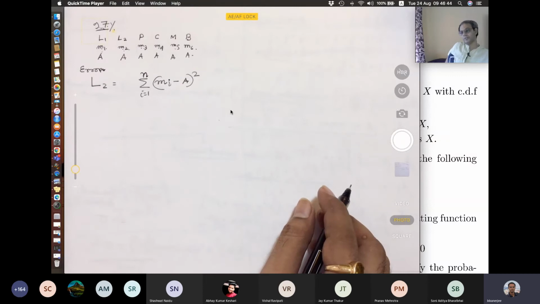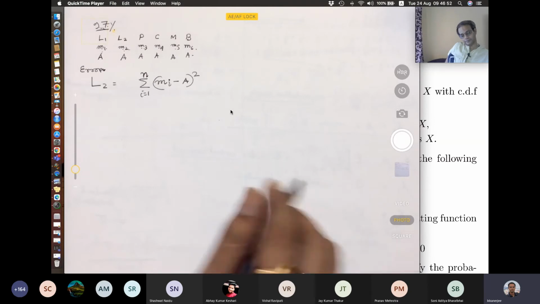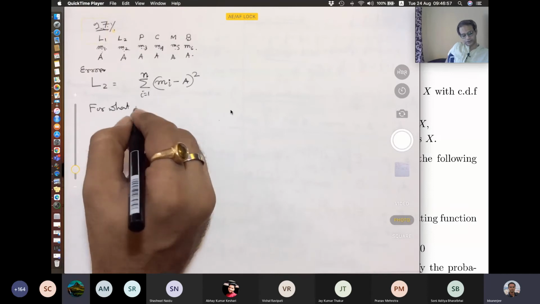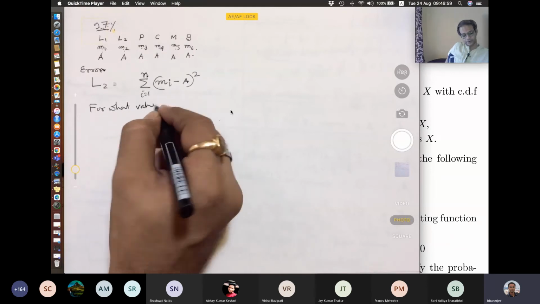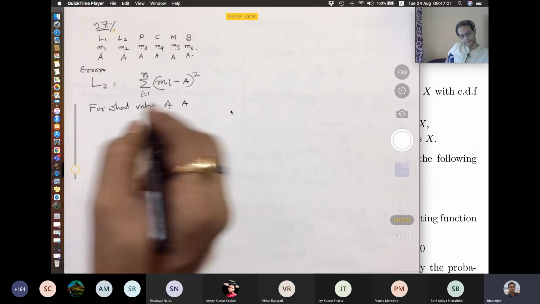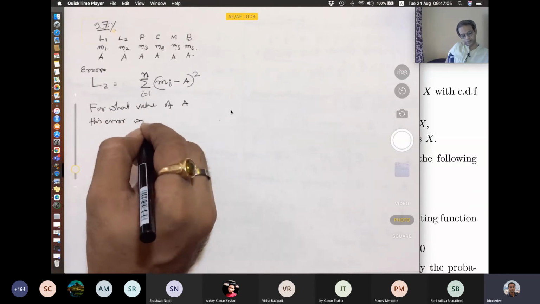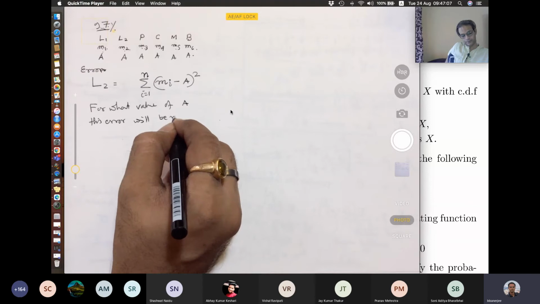So for what value of a will this error be minimum?